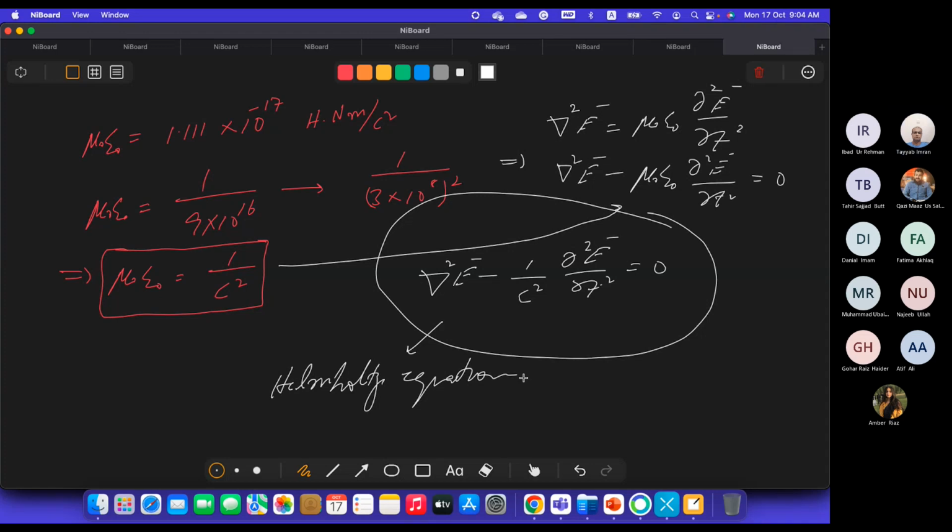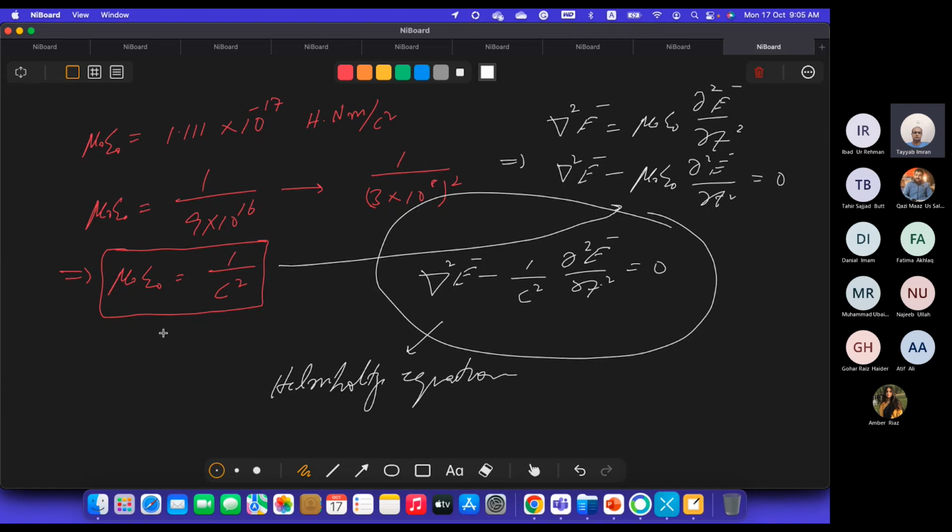Now we already know, which we started in the last slide, or maybe some slides are vanished.